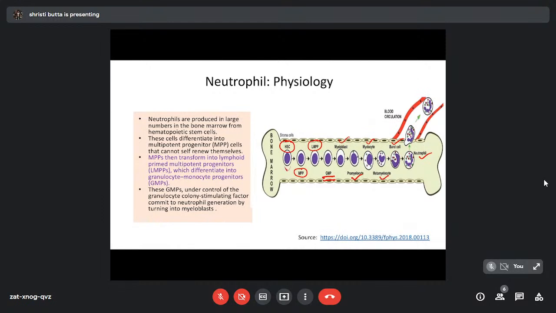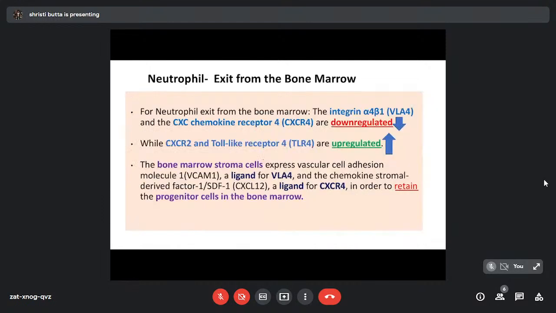The bone marrow stromal cells as well as osteoblasts express the ligand for VLA4. The chemokine stromal derived factor 1, or SDF1, which is a ligand for CXCR4, is also expressed by the bone marrow stromal cells.